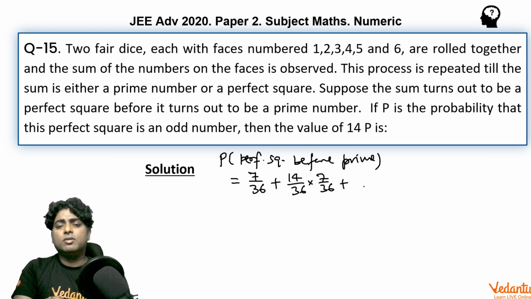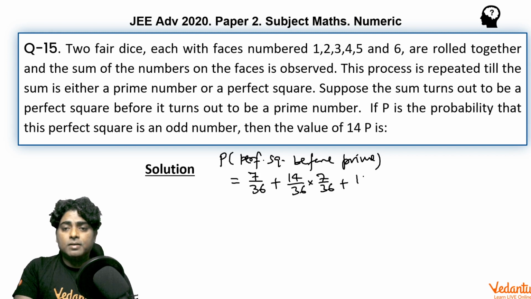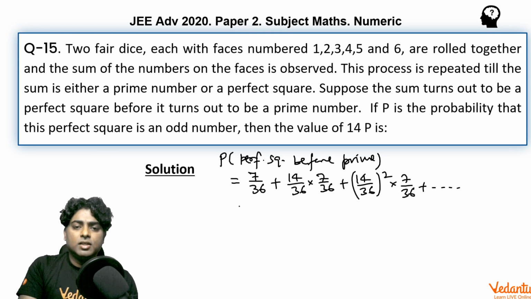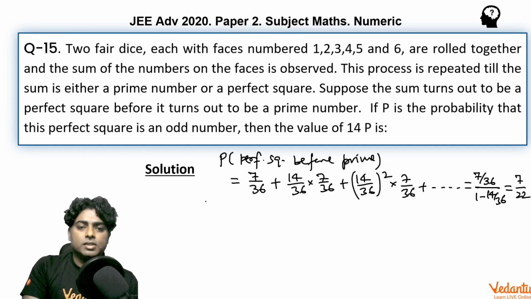Or it may happen that we are not getting a perfect square or prime for the first 2 throws, and in the third throw we are getting a perfect square, that is 7 upon 36. So unlimited terms here, and using the formula a upon 1 minus r, the formula for an infinite GP, you will get 7 upon 36 divided by 1 minus 14 upon 36. So finally 7 upon 22 for this.